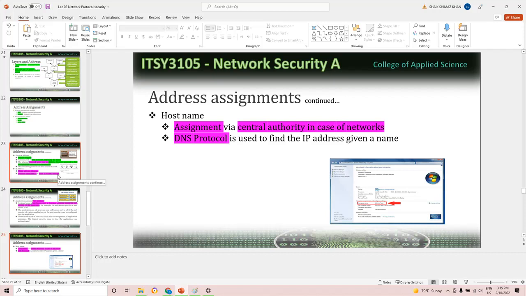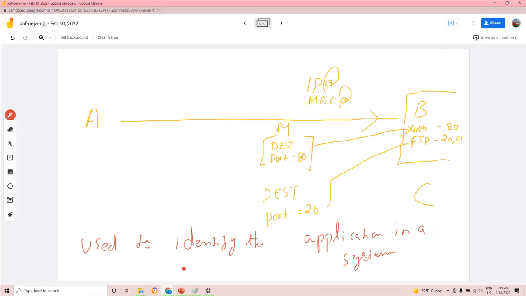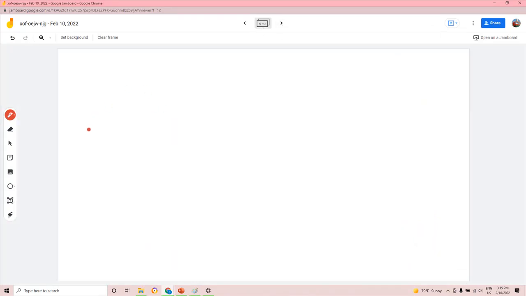Okay, now how to identify? For example, now see this scenario. So let's say this is system A, this is system B. So two systems are here.